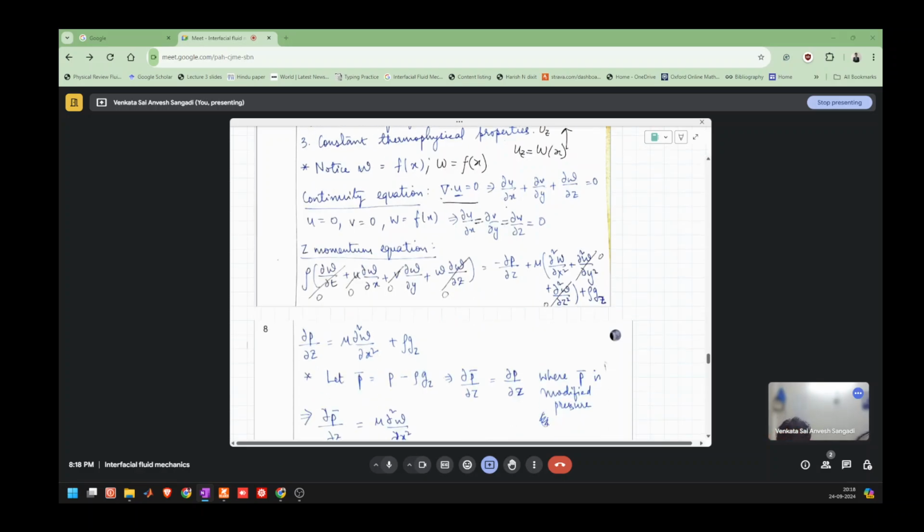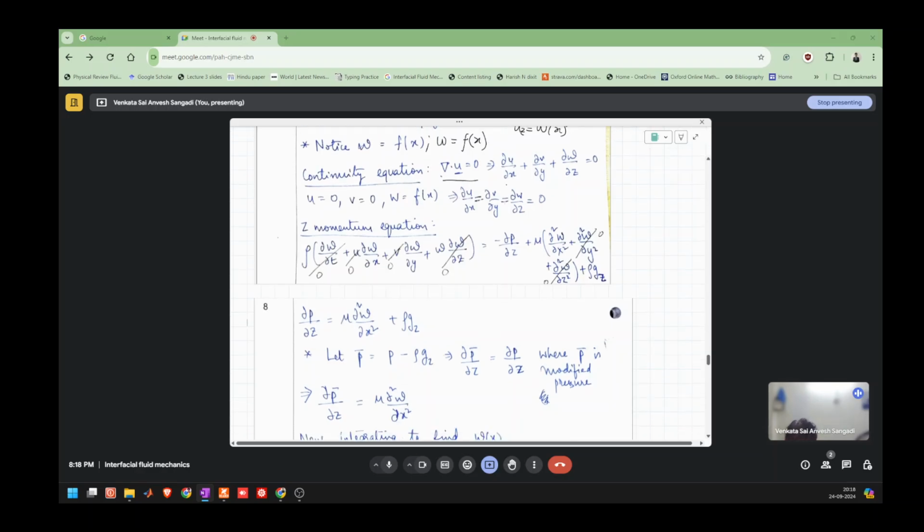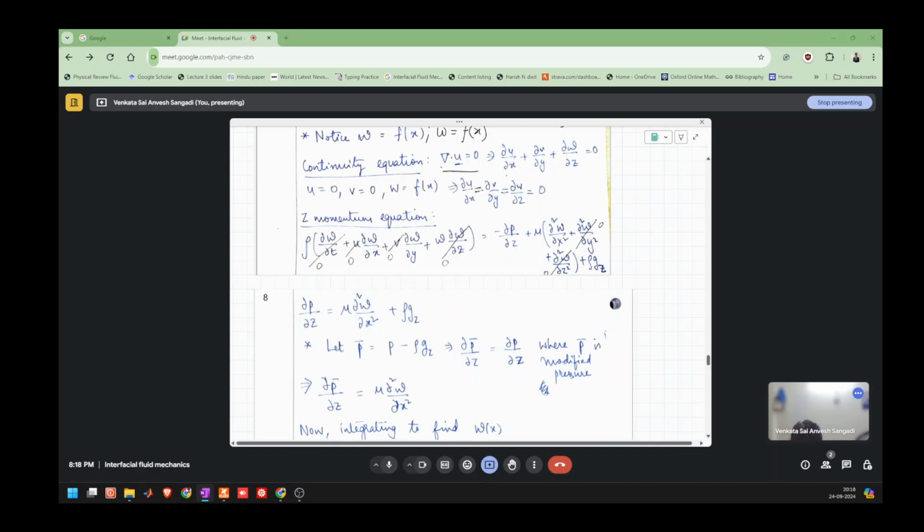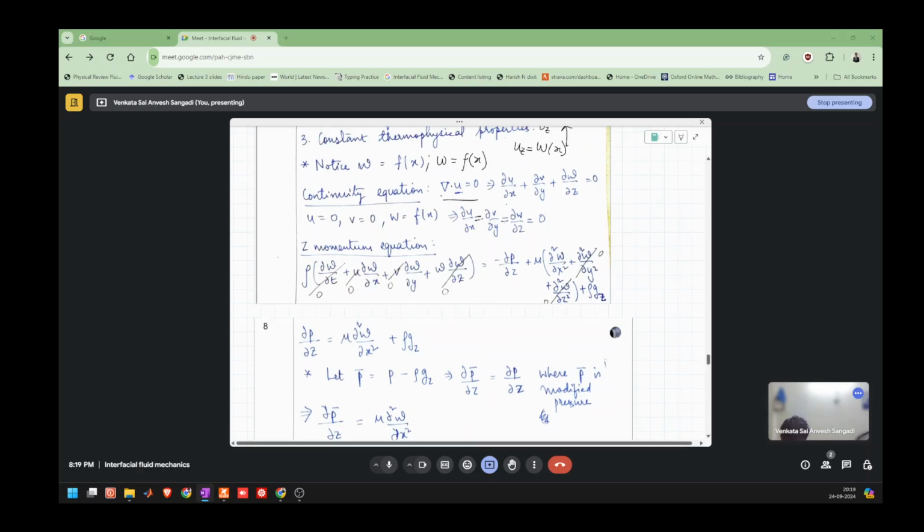Okay, now let's look at the z momentum equation. If we write down the z momentum equation, some of the terms like del w by del t, u, v, del w by del z go to 0. Similarly on the RHS, as w is not a function of y and w is not a function of z, both of the terms cancel out.